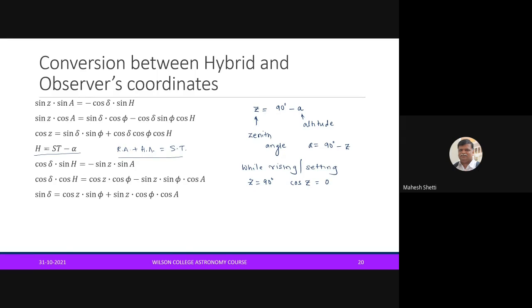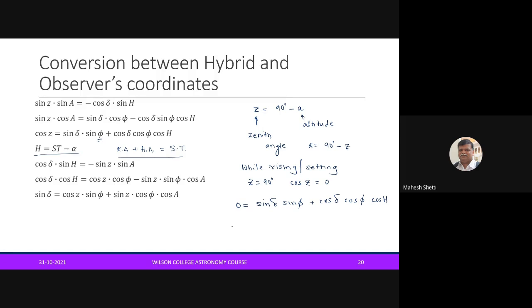And what I get here is 0 is equal to sin delta sin phi, where phi is the latitude, plus cos delta cos phi cos h.